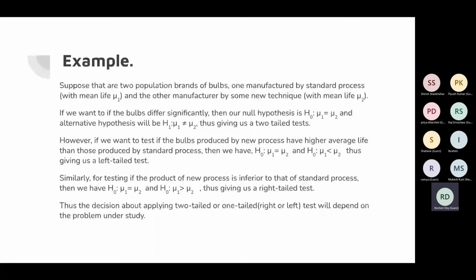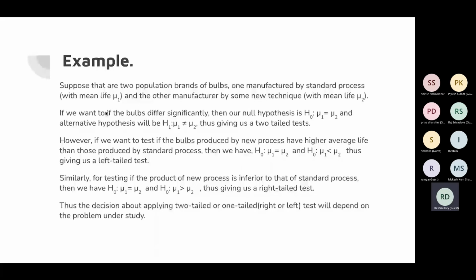The mean bulb life of the first brand, which uses the standard process, is mu1, and for the second brand, which uses some new technique, the mean life is mu2. Now, we want to test whether the bulbs differ significantly.